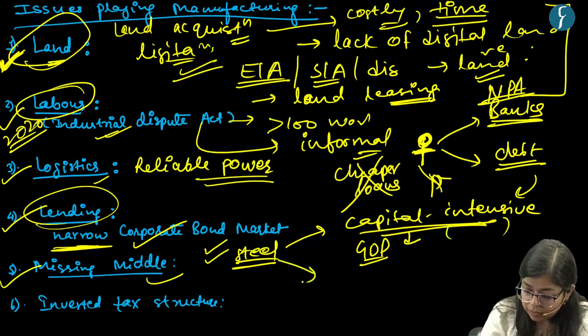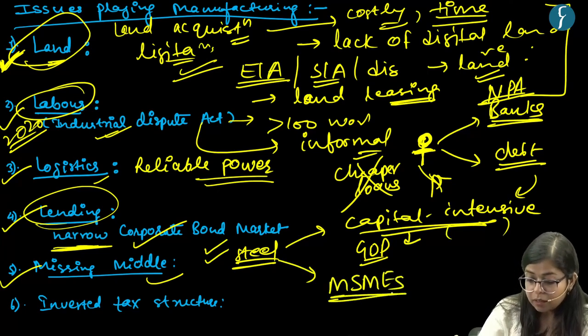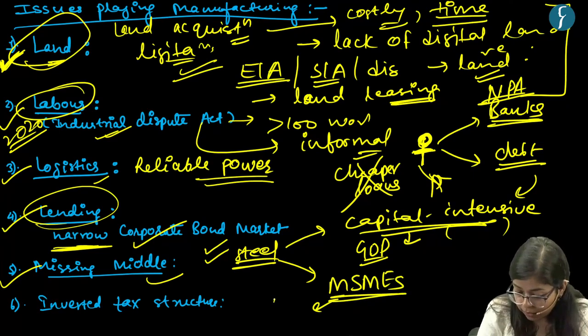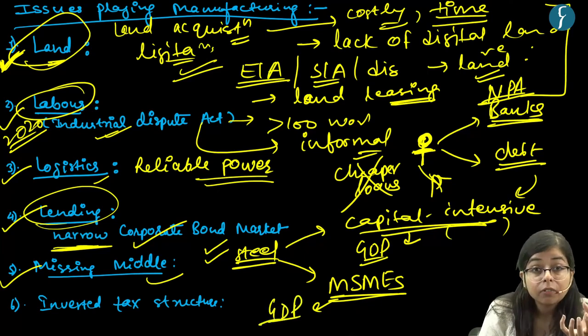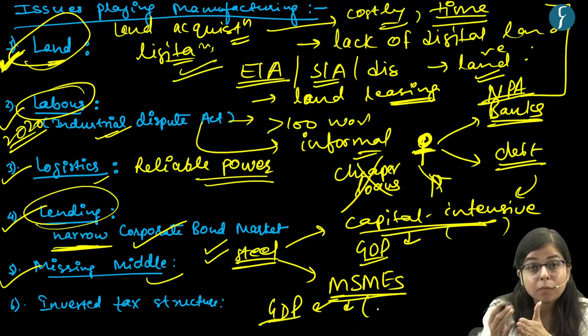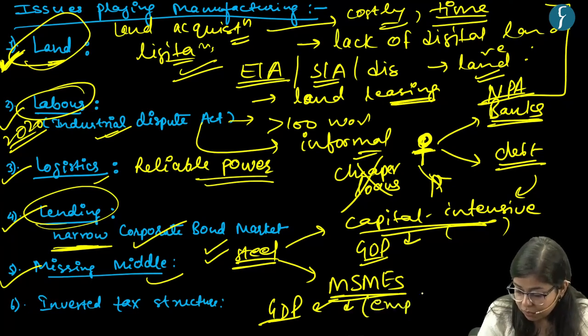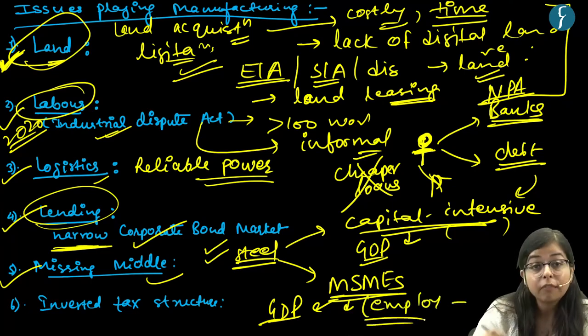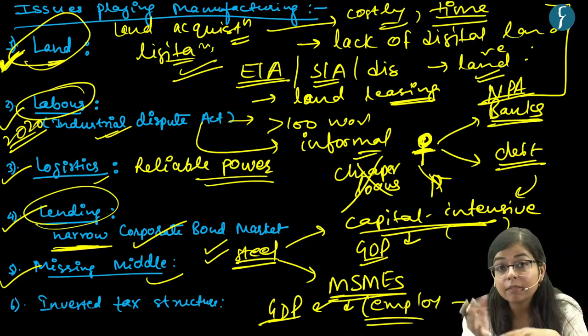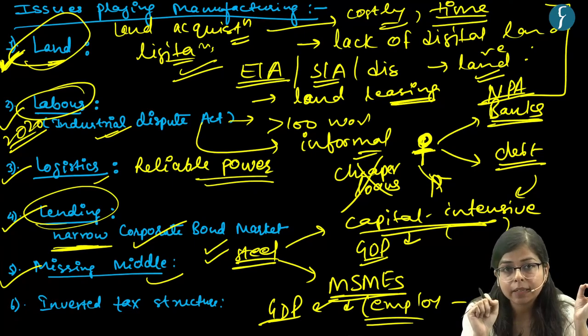The other thing is that there are MSMEs in the country, right? MSMEs are smaller industries. They also contribute enough to the GDP of the country, but in that sense, they employ enough people, right? So the employment potential of MSMEs is far higher than that of capital intensive large companies, right?